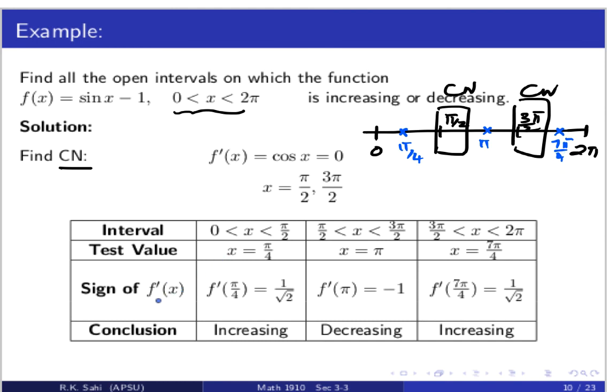We test the sign of the derivative of the function at pi fourths, pi, and 7 pi fourths. So when you look at the derivative of the function at pi fourths, that means it is cosine pi fourths, which is 1 over square root 2. Remember, it is f prime. It's positive, function increasing. And we knew that also from the graph.